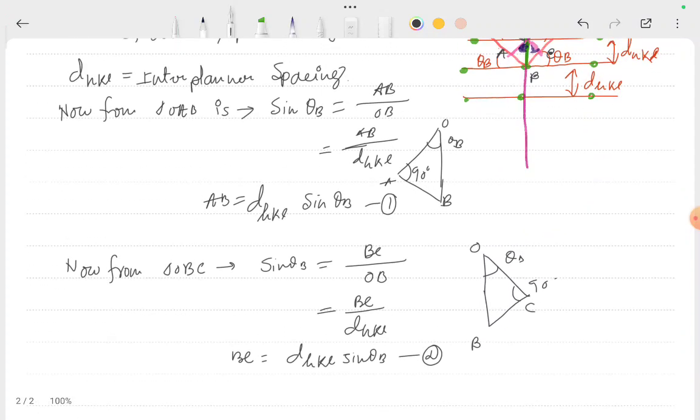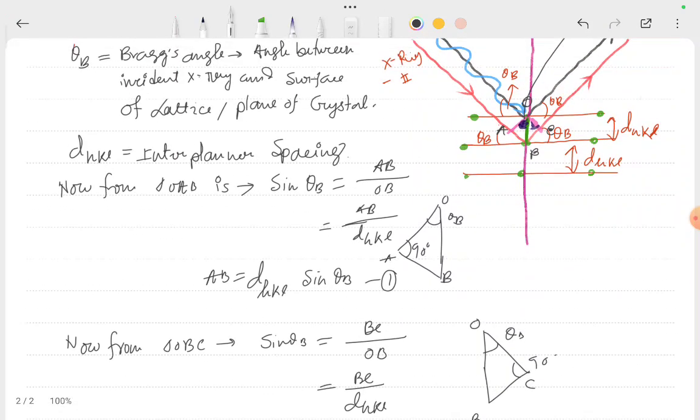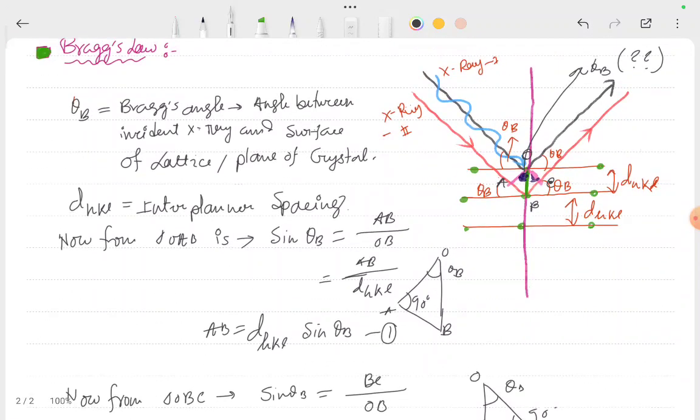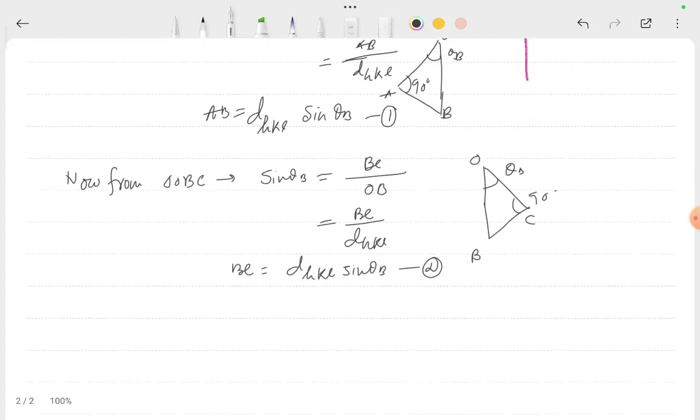Path difference means the extra path the X-ray takes. If we just see the X-ray 1 path and the X-ray 2 path, X-ray 2 takes an extra path, AB plus BC. This is the extra path, and this is called path difference in X-ray diffraction patterns, right?